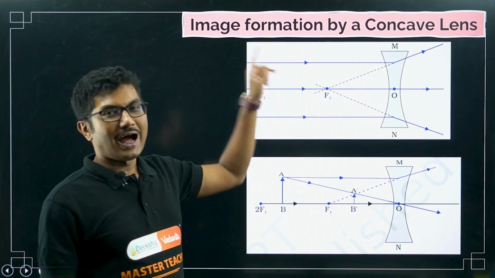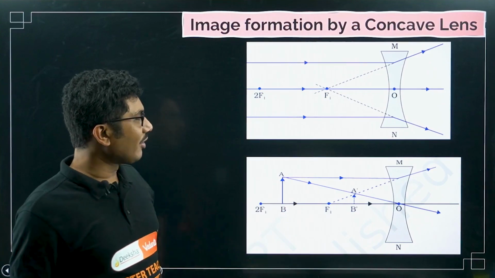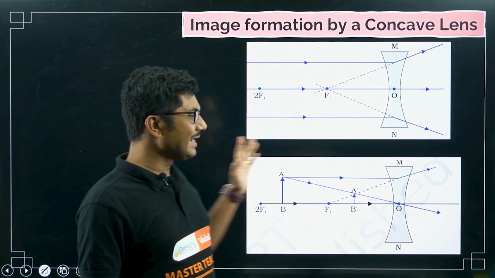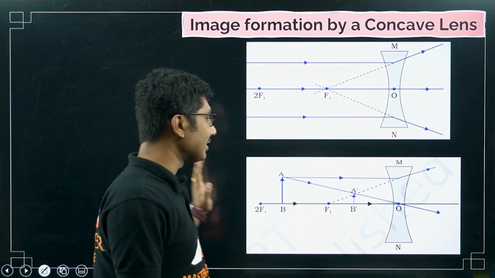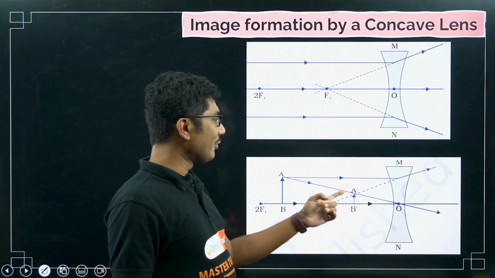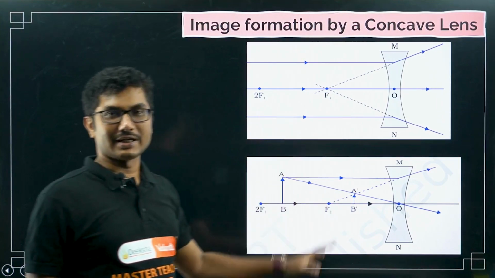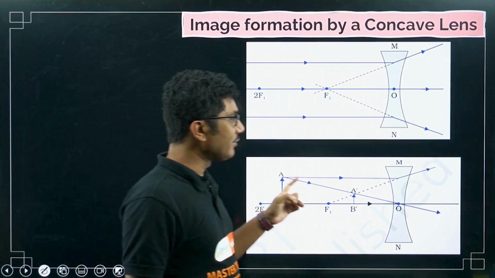So: virtual, highly diminished and erect. Now, for an object at any other point on the axis, the image will always be diminished and erect. So this is the way you should draw it.